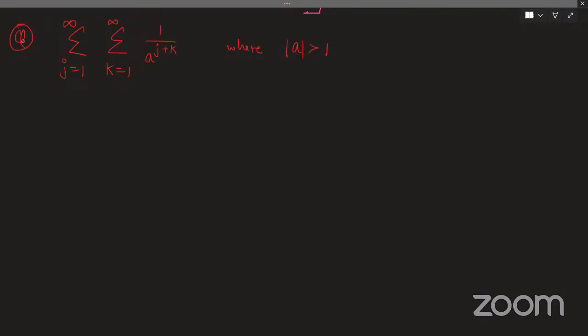Moving ahead, we have sigma j going from 1 to infinity, sigma k going from 1 to infinity, 1 by a raised to j plus k, where mod a is greater than 1. Everyone understood? Then tell me how to do it.